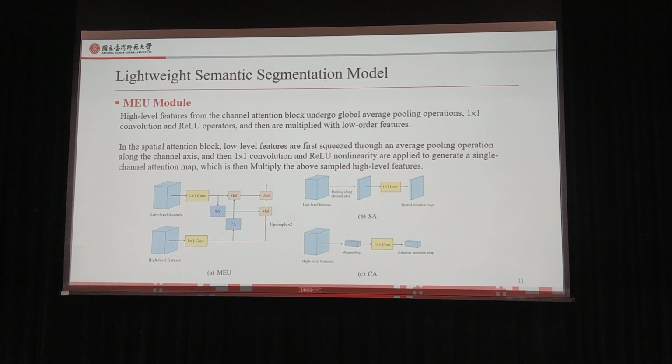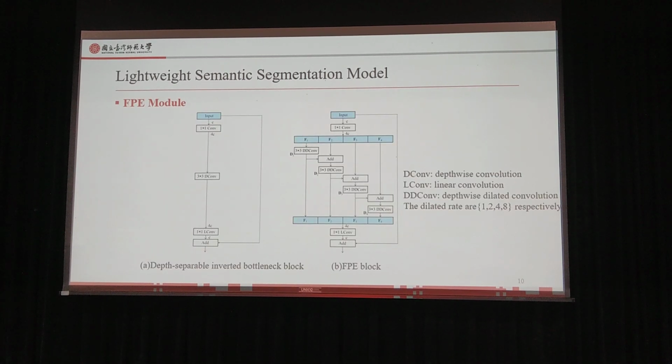Low-level features consist of edges, textures, and colors, and high-level features consist of object parts. The two features are part of the MEU module.